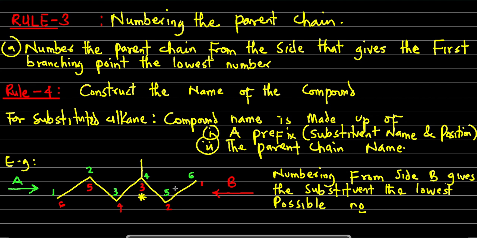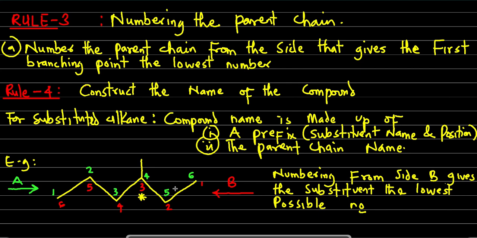Remember all these rules are applicable because an alkane has a substituent. Without a substituent, if the alkane is just a straight chain, there's no need for us to carry out all these rules. Straight chain alkane, that is 5 carbon is pentane, from the second slide. So we say number the parent chain from the side that gives the branching point the lowest number.